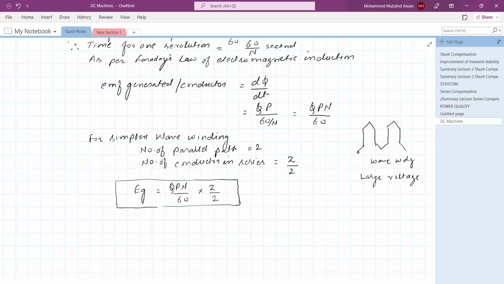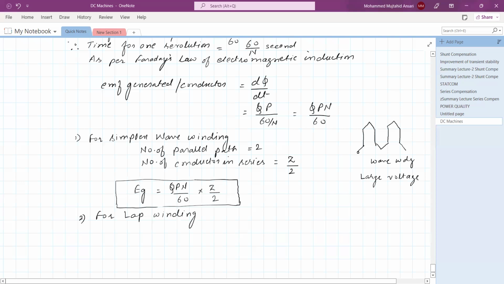Now, for lap winding, this is one conductor, this is second, one more conductor. So these are connected in such a way that the number of parallel paths will be more.